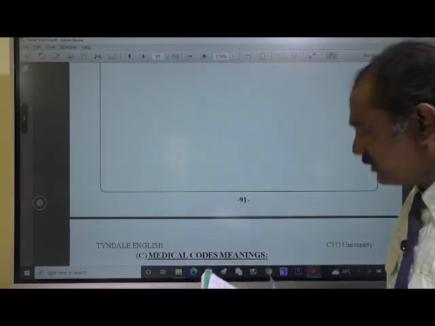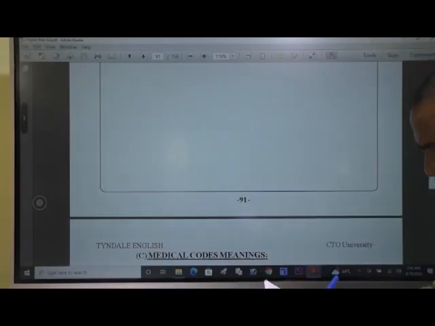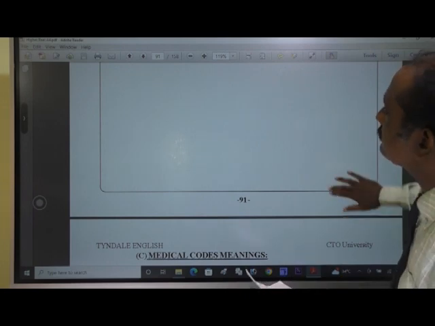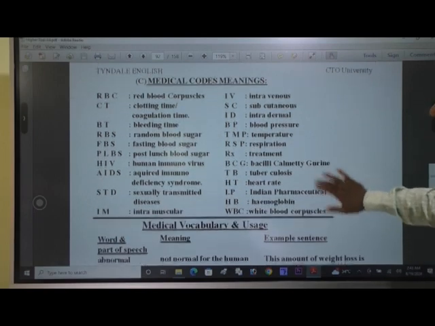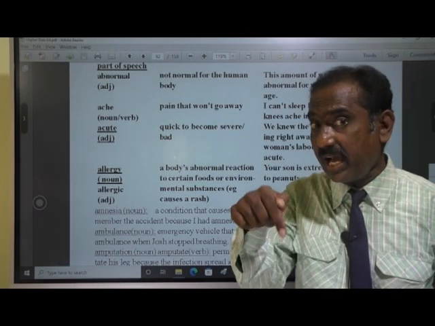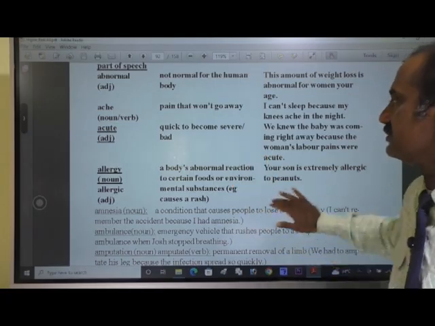And finally, on the 96th page, some medical quotes and meanings have also been given, because it is higher level English.